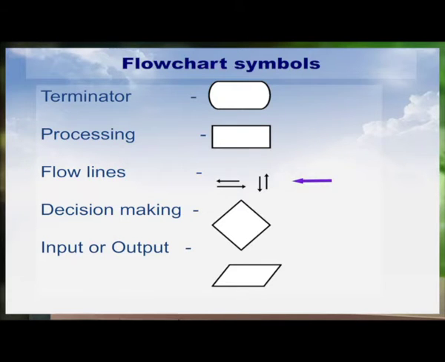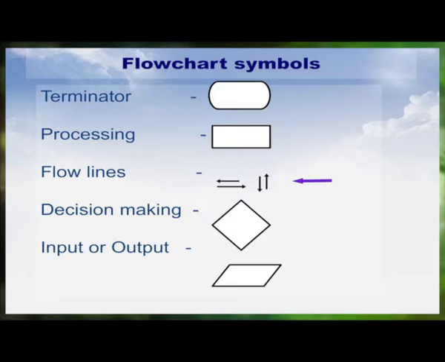Examples for process include add, calculate, etc. Then we have an arrow or a flow line which indicates the flow of the flowchart in a specific order. Arrows are drawn from the output of one symbol to the input of another symbol.